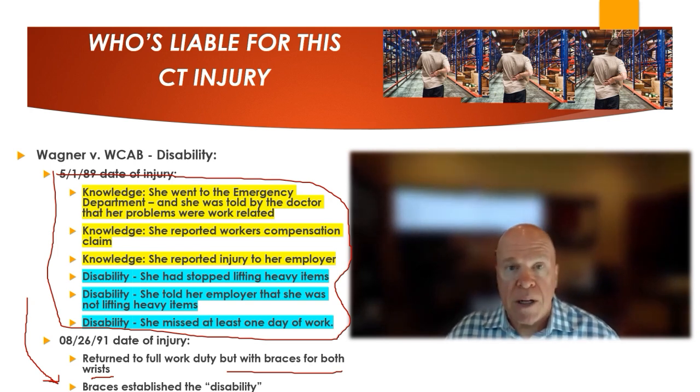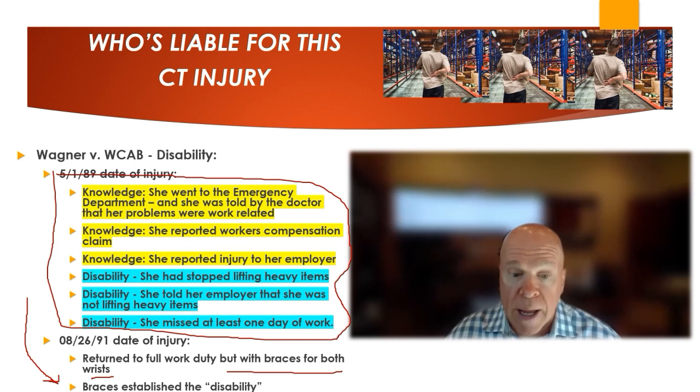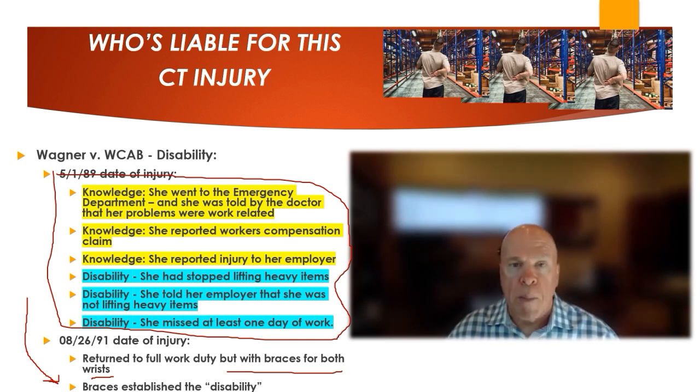Now, it might have been a different story if the employer had been a little bit more helpful in corroborating and documenting this one day off of work. But the employer either was unable to document this or failed to participate or cooperate, but whatever. The one day of missed work was not substantiated.